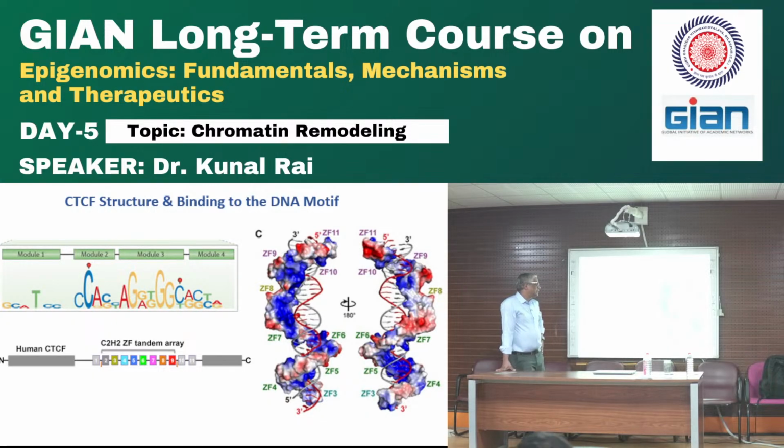It is zinc fingers of CTCF. CTCF has 11 zinc fingers. Unfortunately, the CTCF structure is not here, which I think I had. I don't know why the CTCF structure is not there. It was here. So the CTCF domain structure has around 11 zinc fingers in it.